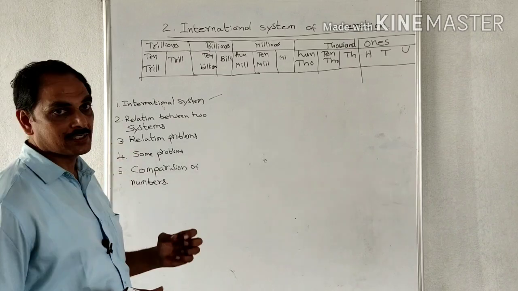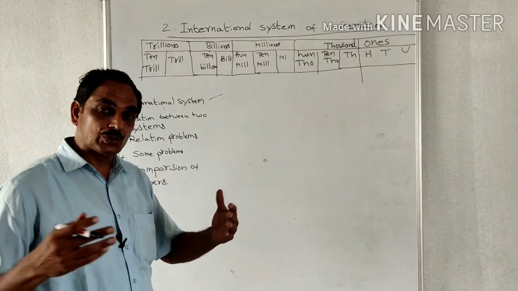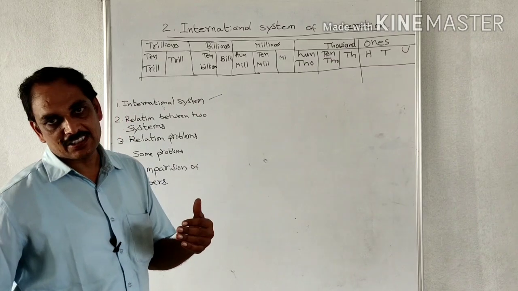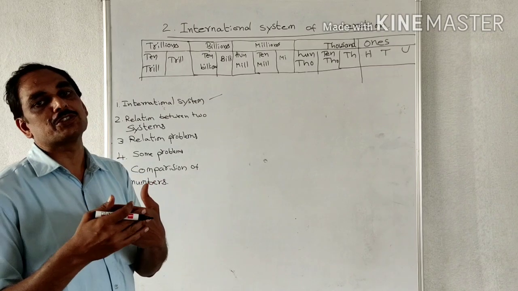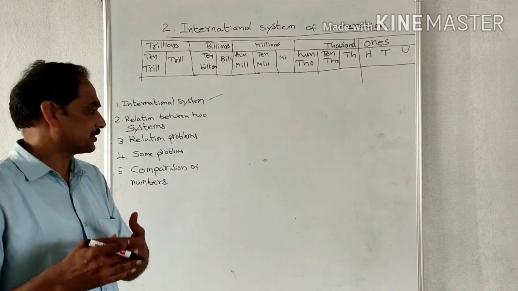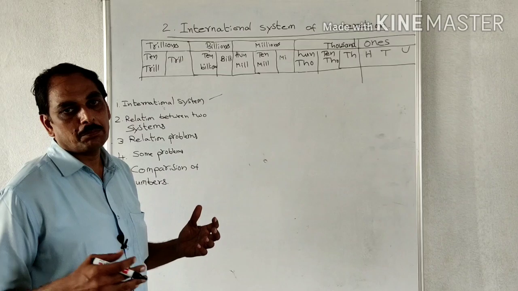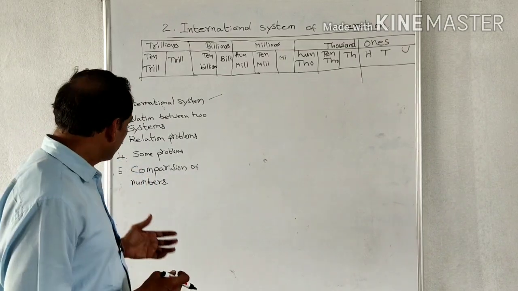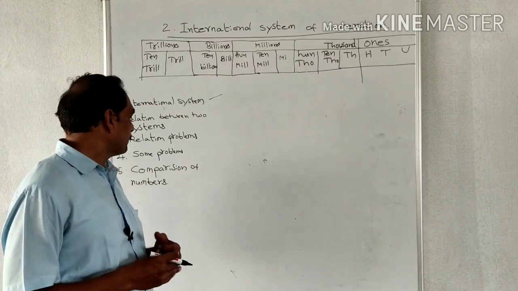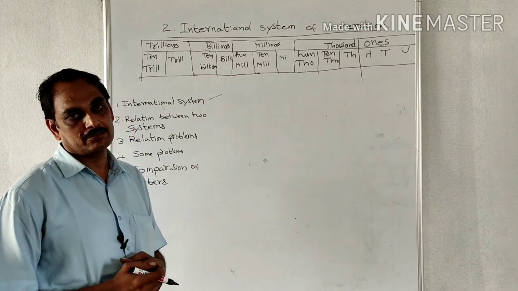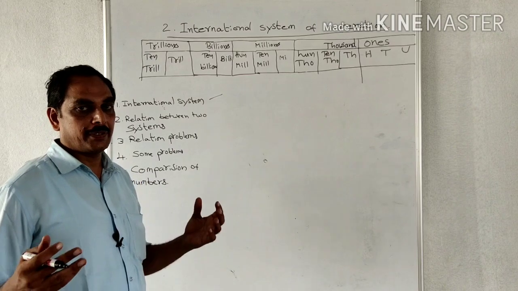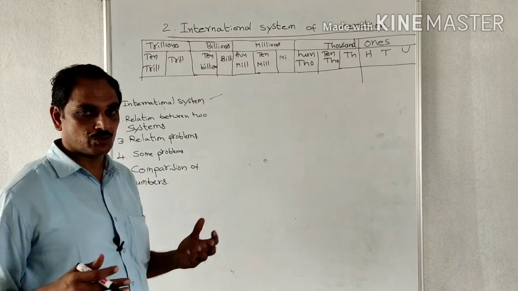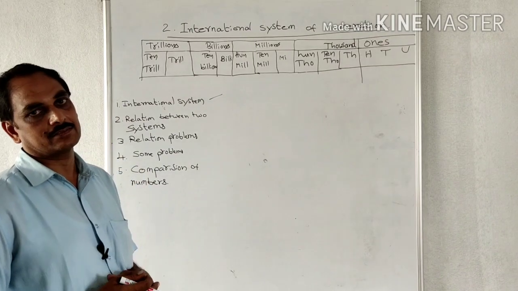The third is related problems with the two systems. Next, some problems related to place values and face values, and the final topic is comparison of two numbers. When we take two numbers, we compare which one is big and which one is small.